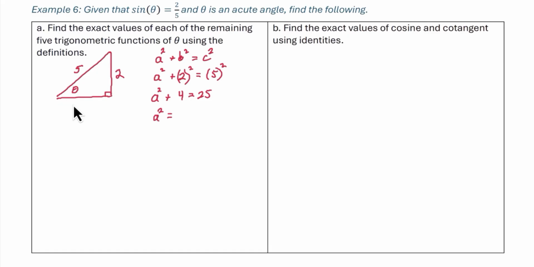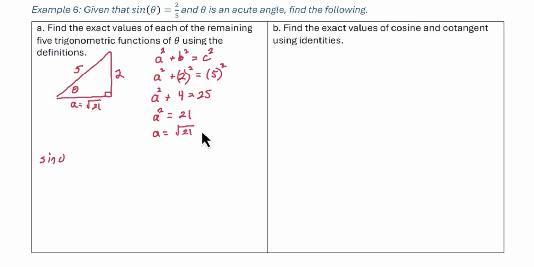A squared equals 21. And then we'll take the square root of both sides to get a is equal to the square root of 21. Technically, we get plus or minus since we took the square root of both sides, but we'll use just the positive version since we're looking at length.